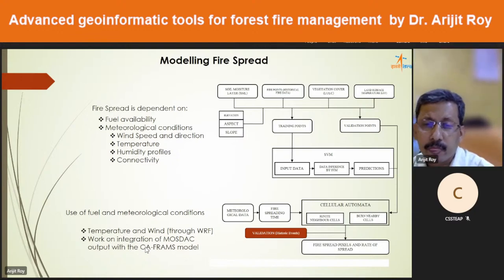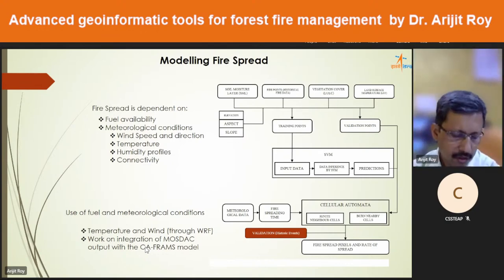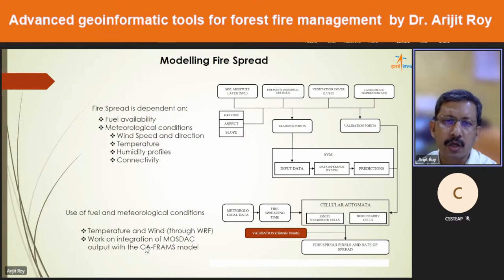So the meteorological data was put into the fire spread model, and using cellular automata, we generated the spread of the model using the neighborhood impacts. So I'll just show you the model output.